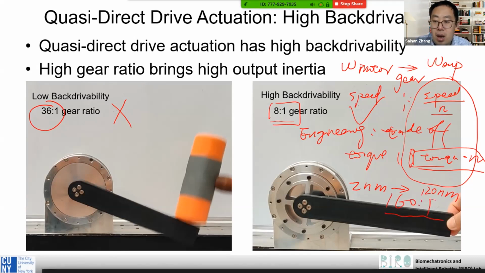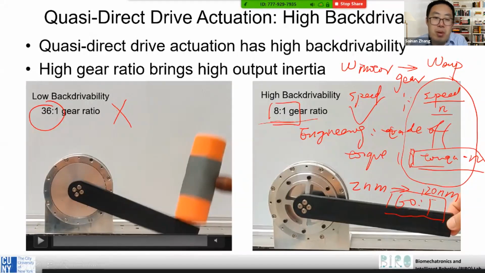The reason we can use a smaller gear ratio is because we don't need to generate 100% of human biological torque. We can generate, let's say, 30% to 40%, especially for people like the children I showed you before. They can still walk. We don't need to replace all the joint moment from the person.